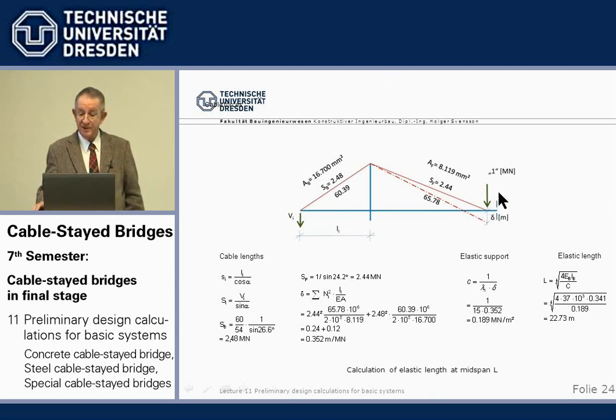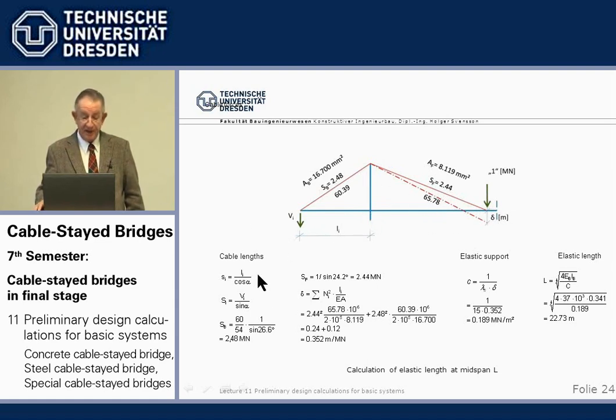By placing a unit load 1 onto this point and coupling it with the unit force 1. So for the calculation here, we always need the steel area, we need the force in the cable from this force 1. I've shown you how to calculate it, beam simply supported.